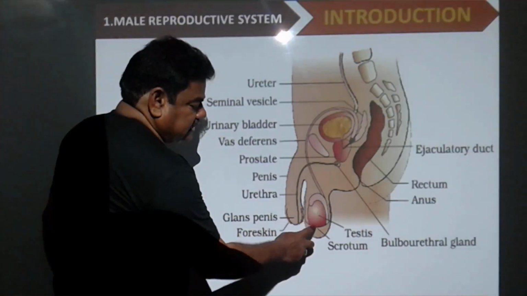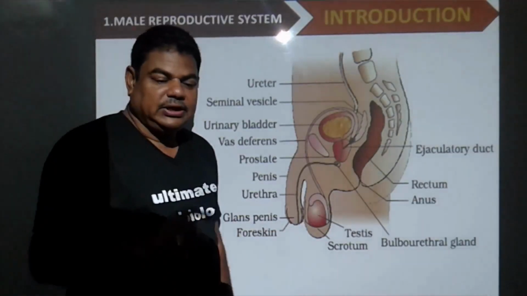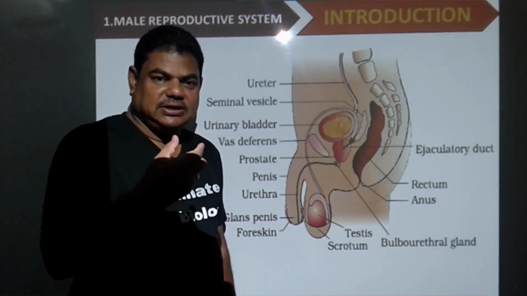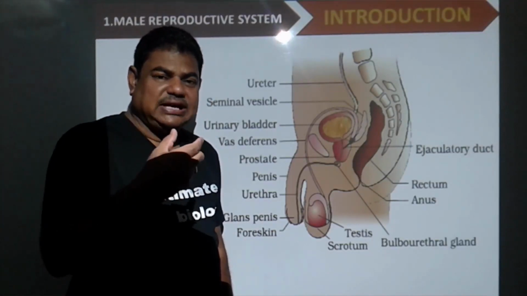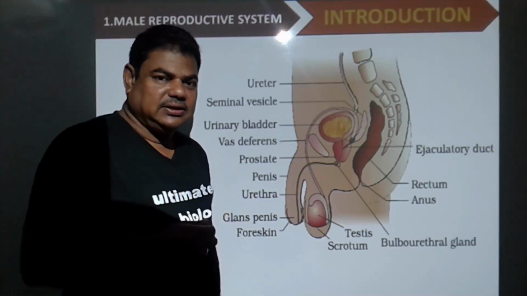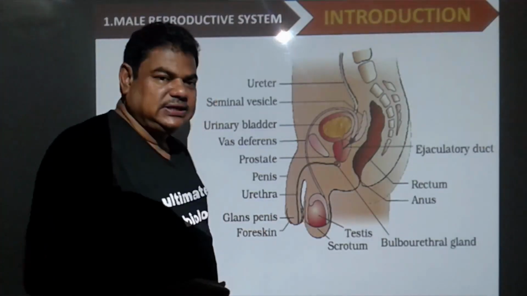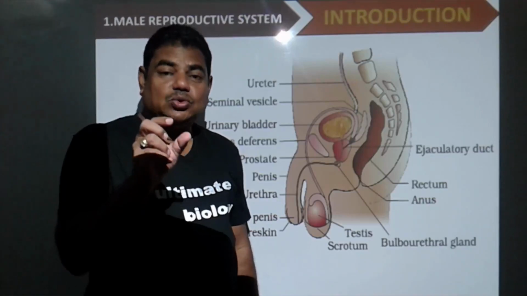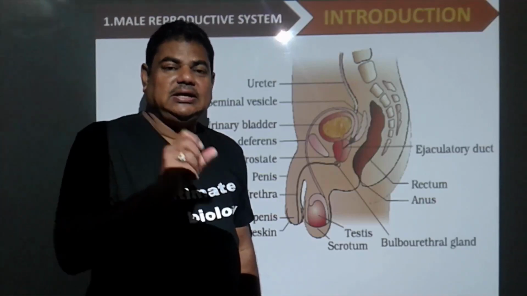The size of the testes is up to 5 centimeters in length. The width is 2 to 3 centimeters, and the thickness of the testes is 2 centimeters.